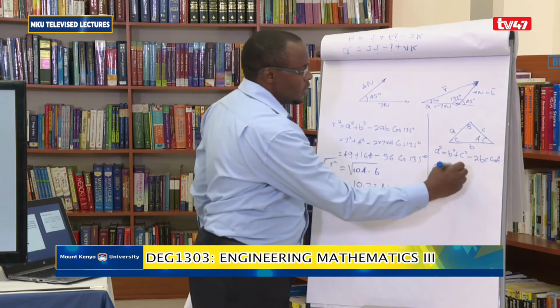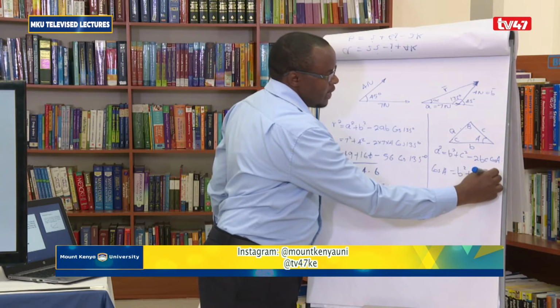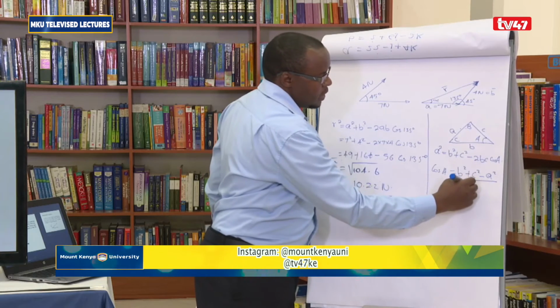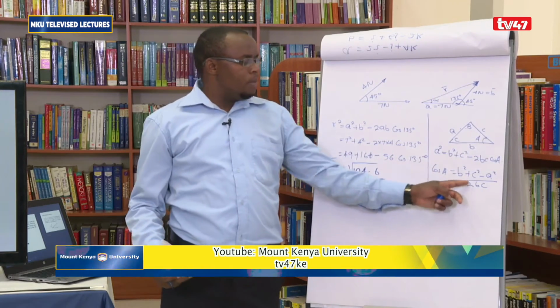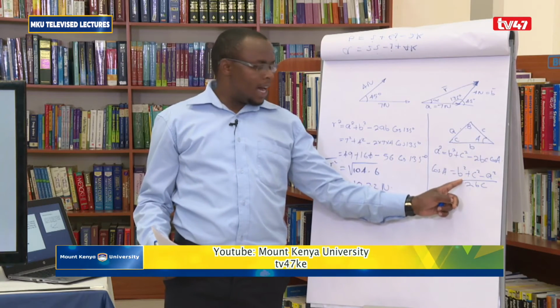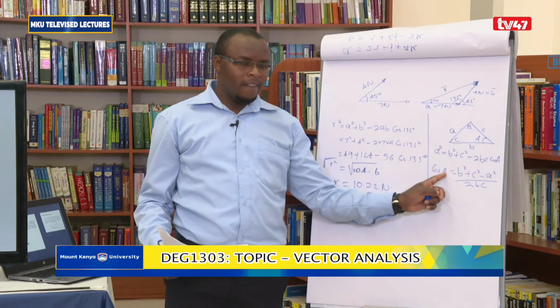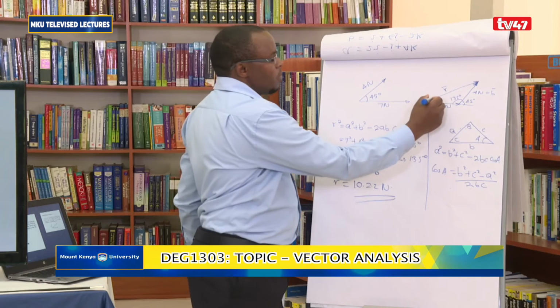You are going to have this equal to B squared plus C squared minus A squared all over 2BC. So that way, you can get the cos inverse of A, and then you get the angle A.